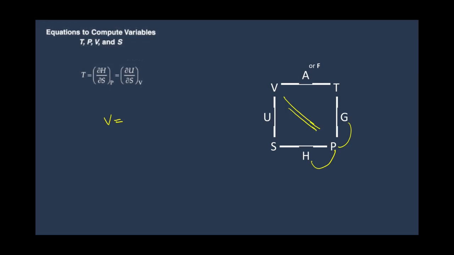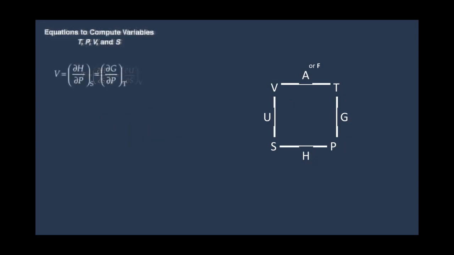So V equals, here also we are going downside, so it is positive, so we'll start from here. Here it is H, so dou H by dou P at constant, which is next to H, so it is entropy S. And similarly here it is G, so dou G by dou P, and next to G we have to check, that is T. So we get the next equation, which is this.